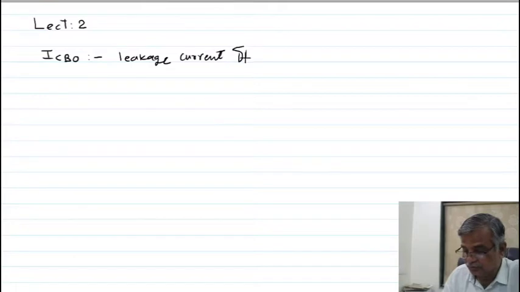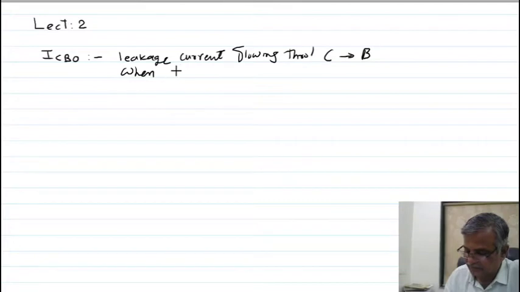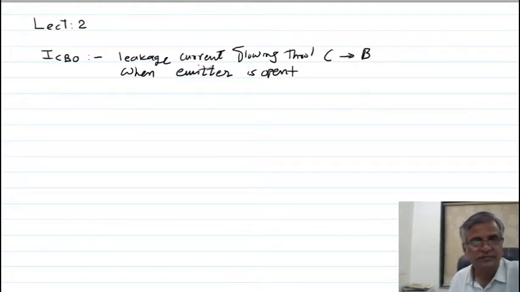This means the leakage current flowing through collector to base when the emitter is open. Remember what I am writing. This current passes from collector to base when the emitter is open.